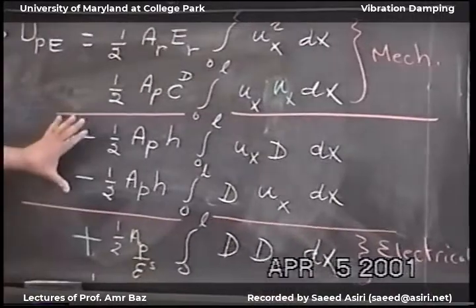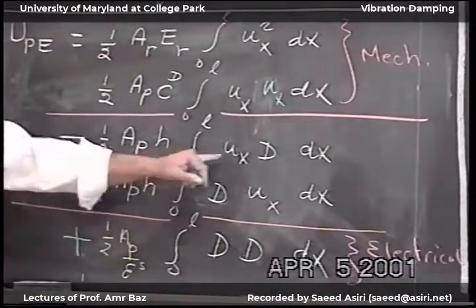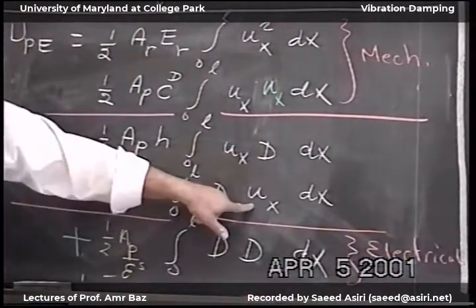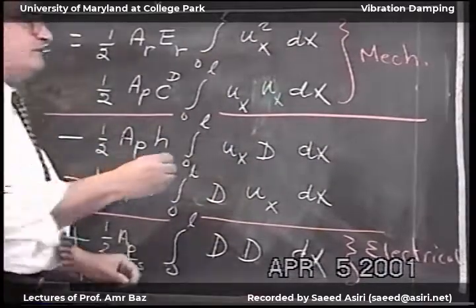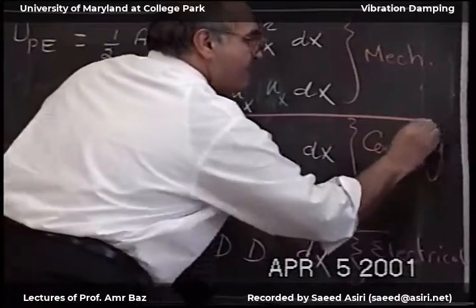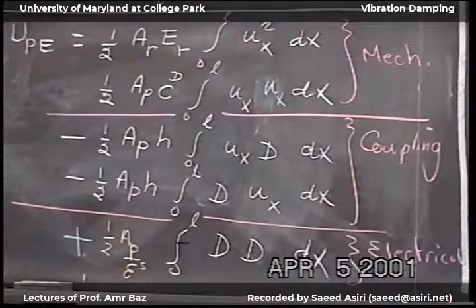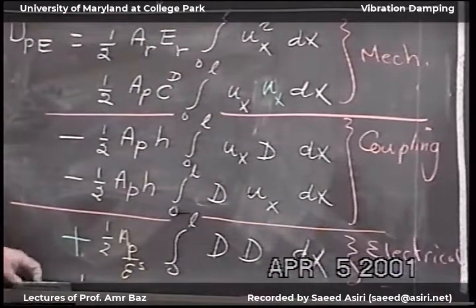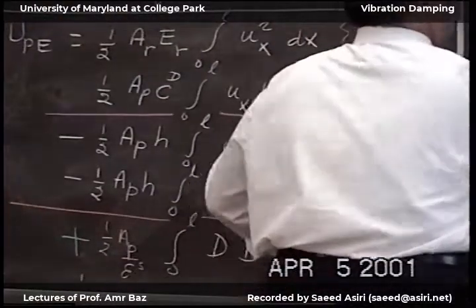And then this middle group has both of them, mechanical and electric. So this is coupling terms between mechanical and electric. Okay, we don't need all this now.